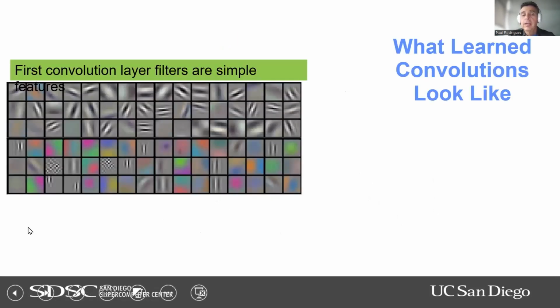So what do learned convolutions look like? In this particular example of the AlexNet, they published some of the convolution filters. So the filters themselves seem to show things that look like kind of edge detectors. If you look at the black lines, those are low values followed by high values.